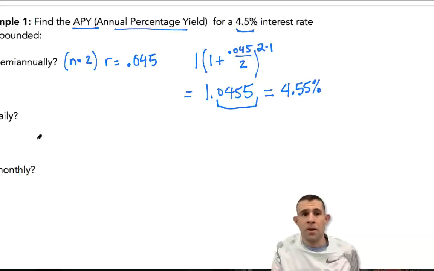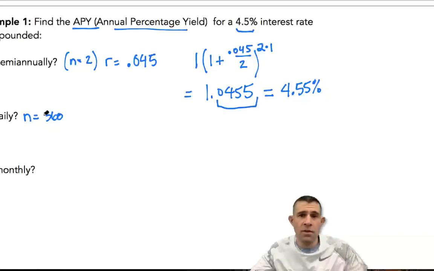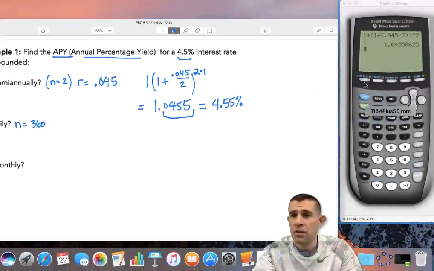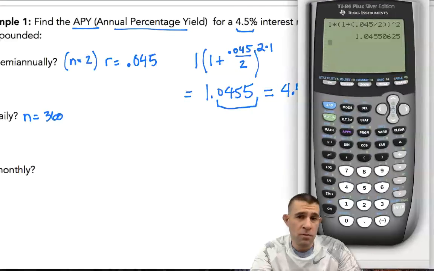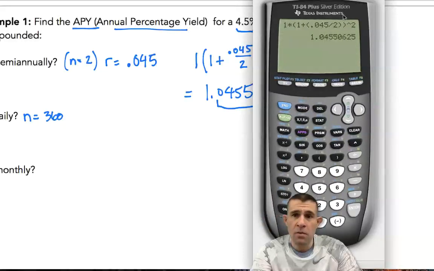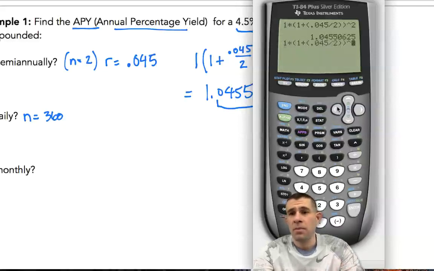As a percentage this comes out to be 0.455%. All right, now what happens if we calculate this daily? So we're going to take the n value here to be 360 for daily, and let's go back to our graphing calculator. Now here's a little trick. If we already have our equation from the first one entered in, all we need to do is change our value for n. So we're going to hit second function and enter, and that puts our equation back on the line.